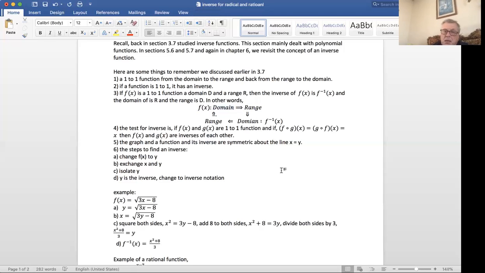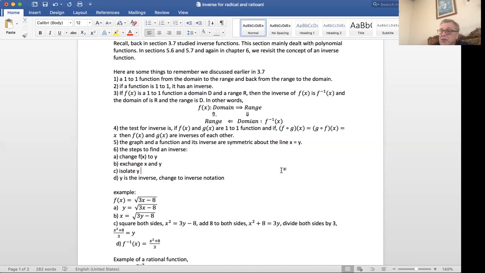To test for inverse, if f of x and g of x are one-to-one functions, and if f composed with g of x equals g composed with f of x, and they both equal x, then f of x and g of x have to be inverses of each other. Also recall that the graph of the function and its inverse are symmetric about the line x equals y.